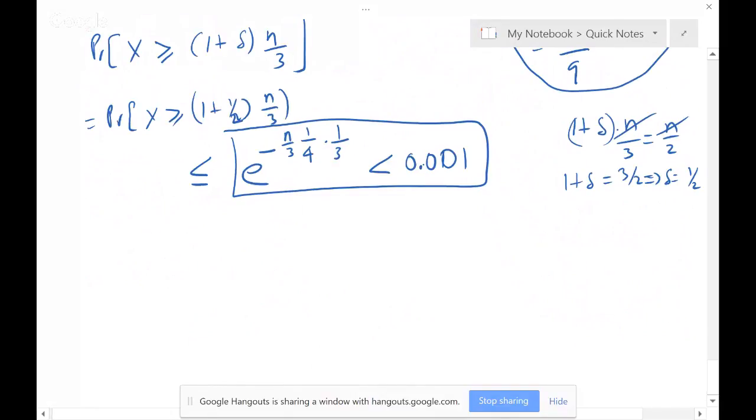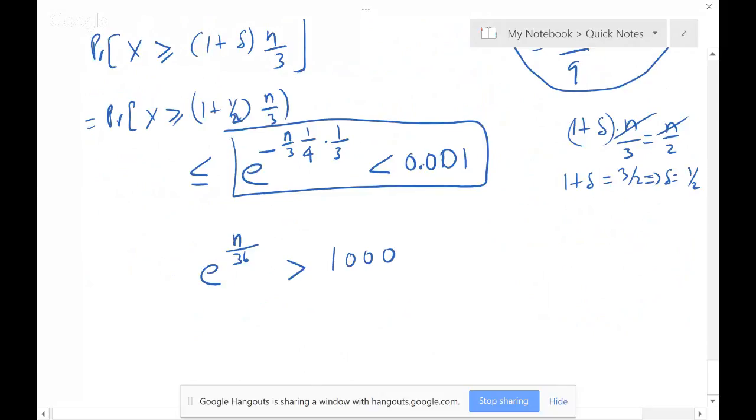And this part I think you can possibly do. If we take the ln, well, maybe first we should remove the negation from the top, so it becomes e to the n over 36 is greater than 1000.